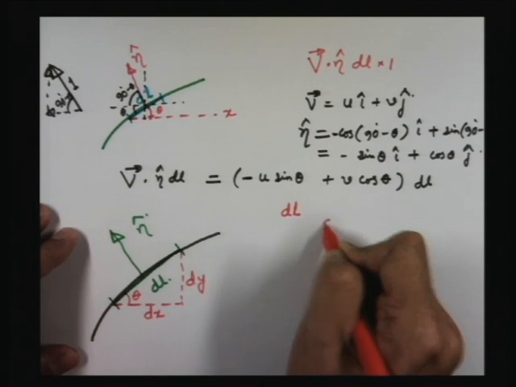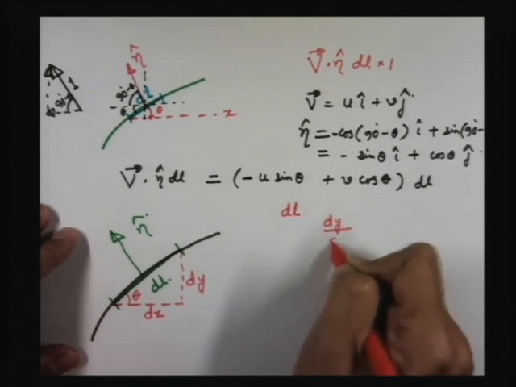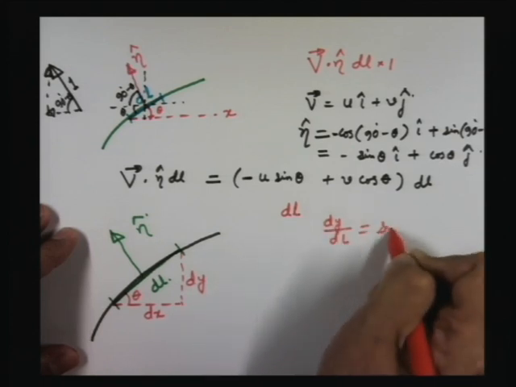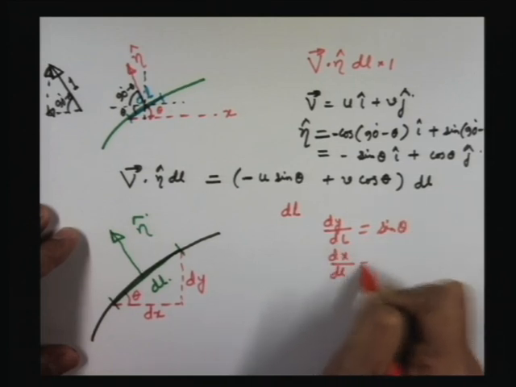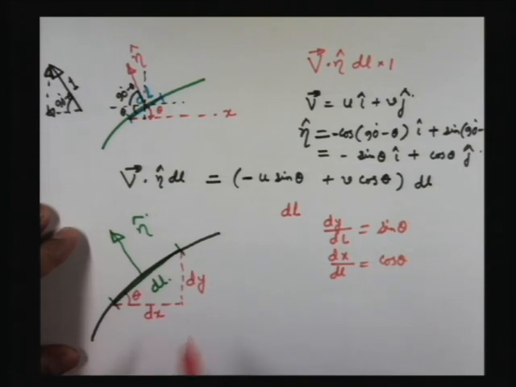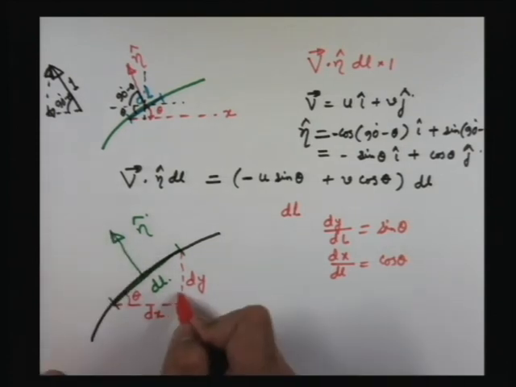So dy by dl is sin theta and dx by dl is cos theta. That you can clearly see from this enlarged figure. This angle is 90 degree.